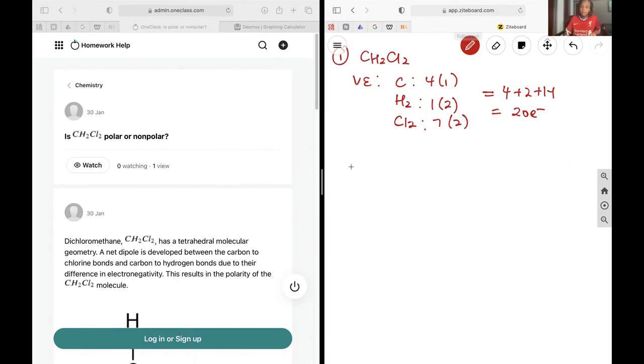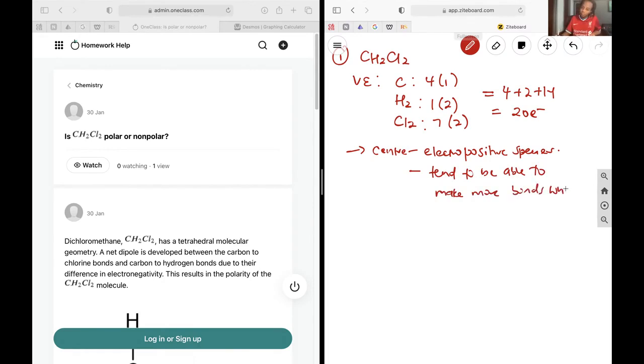Okay, so let's go about doing that. So we need to pick our center, and we will typically be choosing the electropositive species. And the reasoning for this is because they tend to be able to make more bonds while keeping formal charge low.